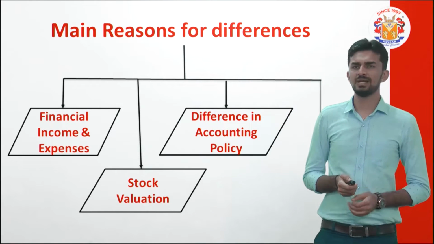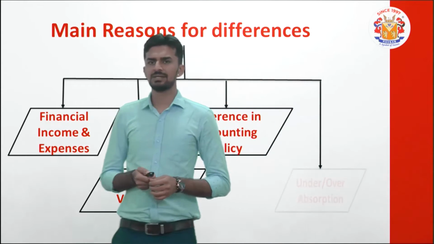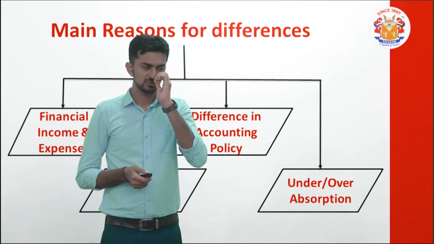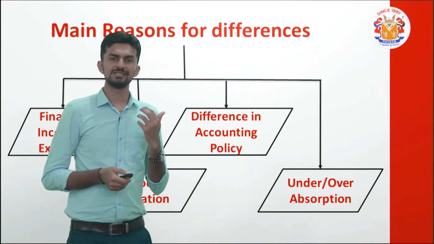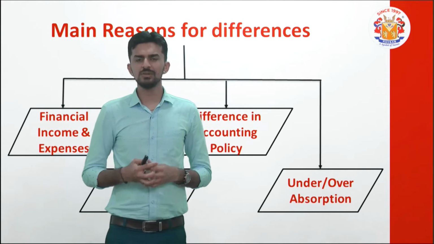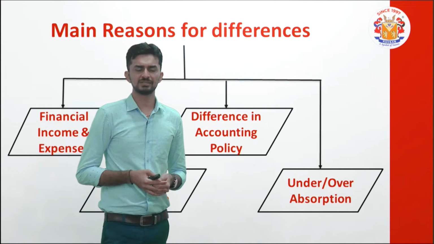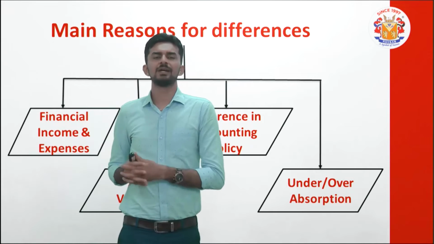And the last one, last but not the least, is under and over absorption. Absorption. Do you remember that? The first chapter, absorption. Yes. To recall absorption in 2 minutes time. Recall our discussions. If you can remember, I've told you like that.